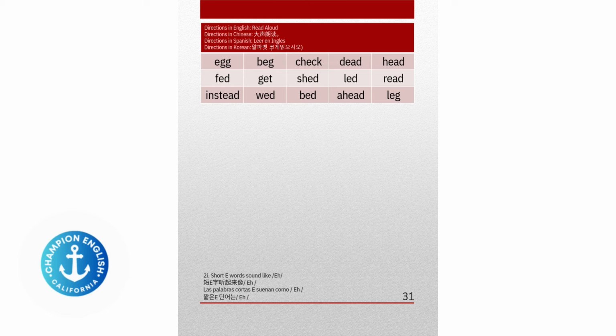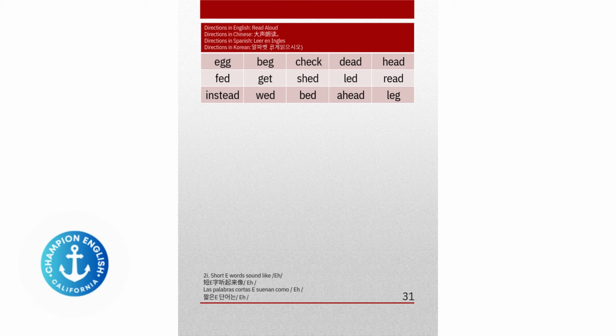Sh and ed, shed. L and ed, led. R and ed, red. In and stead, instead. W and ed, wed. B and ed, bed. Ahead. L and egg, leg.